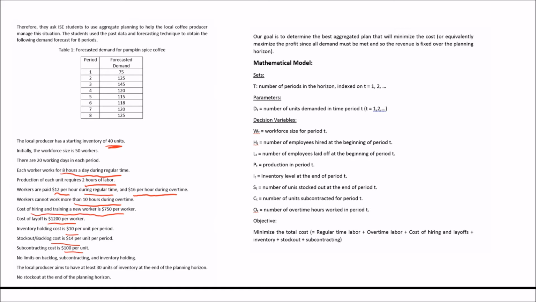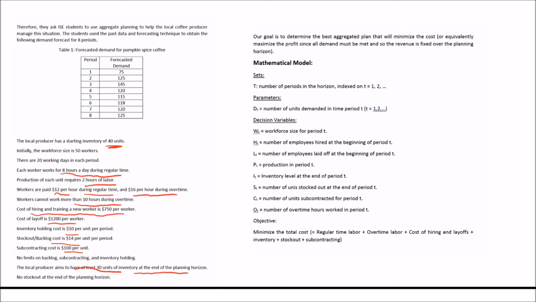Subcontracting cost is $100. We don't have any limits on backlogging, subcontracting, and inventory holding, so you can backlog or subcontract as much as you want. You can hold as much inventory as you want. The local producer aims to have at least 30 units of inventory at the end of the planning horizon.